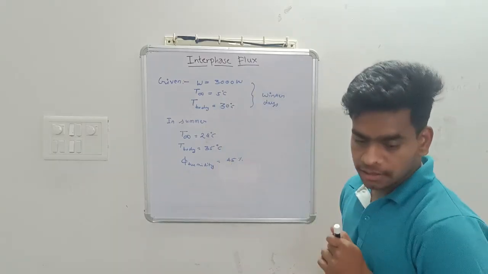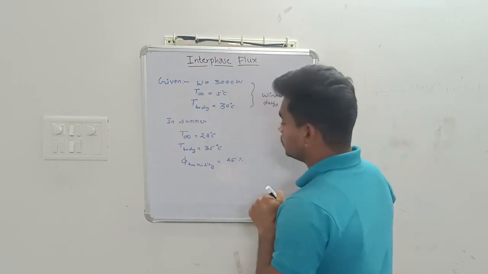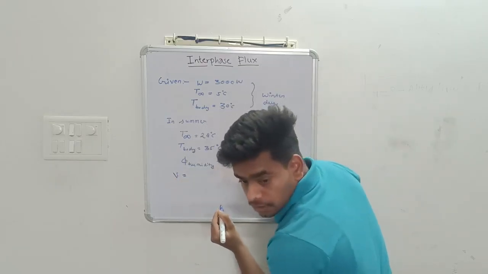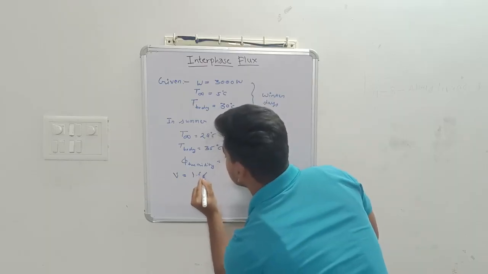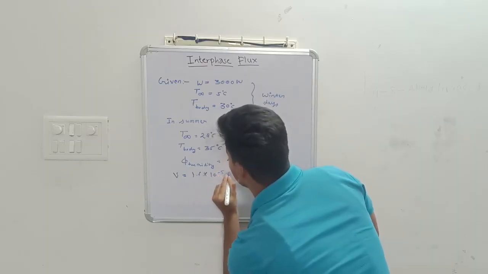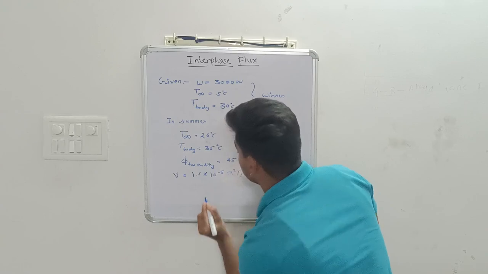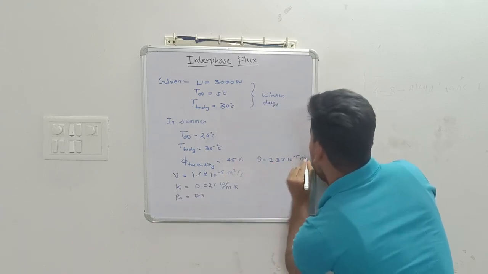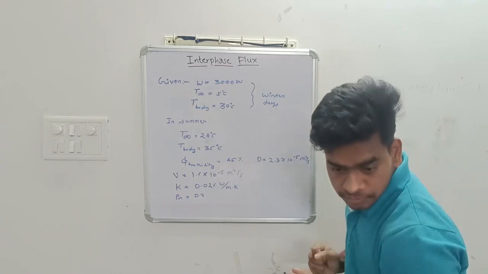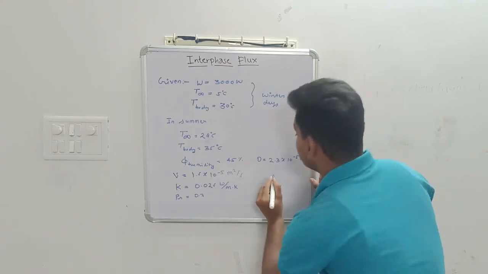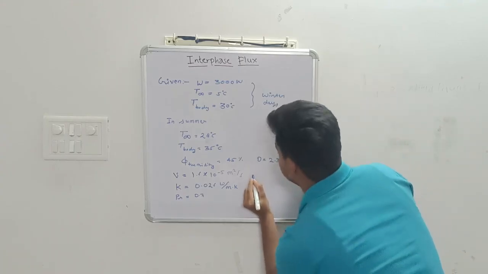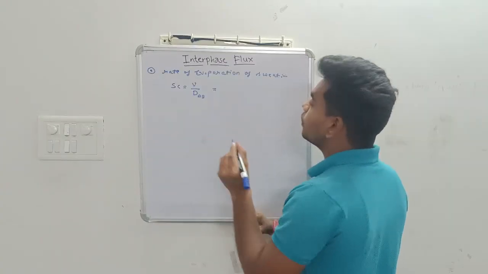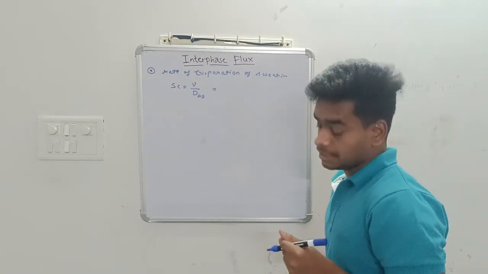We are given the momentum diffusivity nu as 1.6 into 10 to the power minus 5 meter square per second, and 2.3 into 10 to the power minus 5 meter square per second, and the latent heat of vaporization, which we will represent with L. We have been given the values of nu and D_V as previously we have seen.